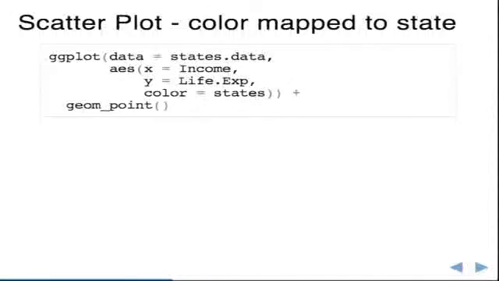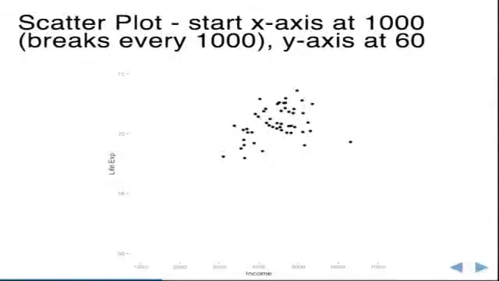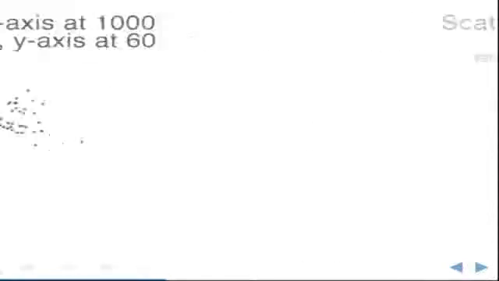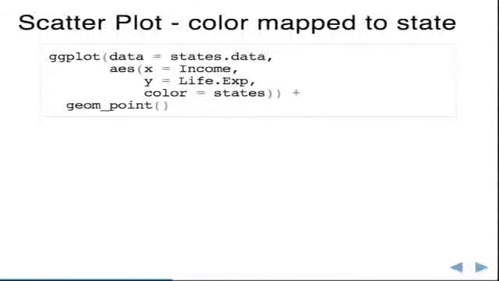Now, let's say you see this graph and it's just black and white, and you wonder, okay, I would like to see what colors in this data set, and actually see these points differently. So what you can do is add in the aesthetics portion of ggplot, color equals states. So you're telling ggplot2 to plot the color as states.